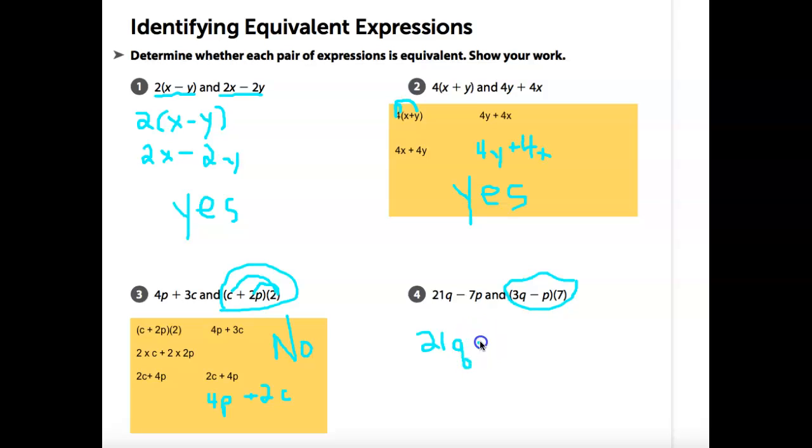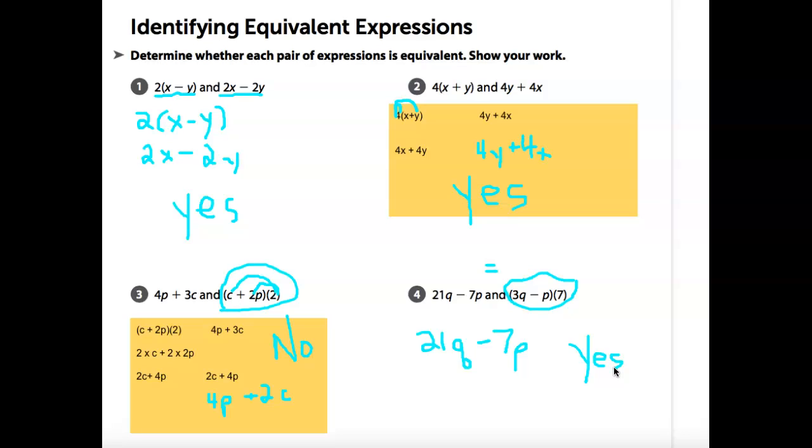And then it's a minus sign there, and then we do 7 times p, so it's 7p. And we can see that that is the same as this. So 21q minus 7p is equal to this, because when we use the distributive property, we get the same answer. So the answer here is yes, they are equal.